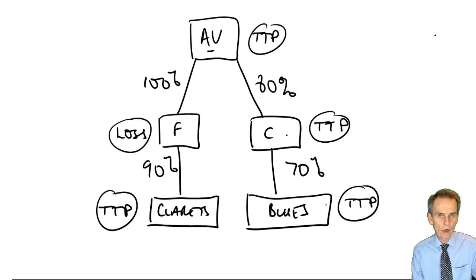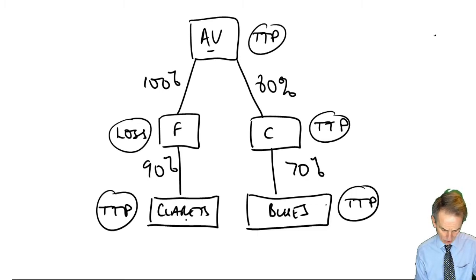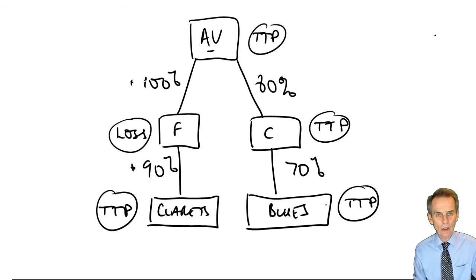Life gets more interesting when we drop down a further level to indirect subsidiaries. Where it's indirect, again you need that effective 75%. Now that's okay when we look from AV down to Clarence. 100% of 90% there will of course equal effective 90%. And that means that within the same group, you have AV, F, C, and Clarence.